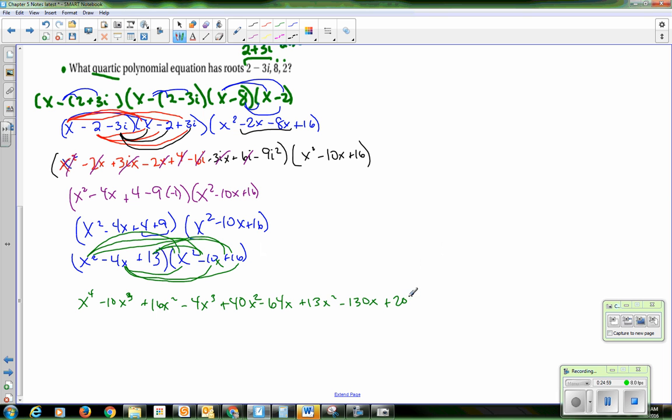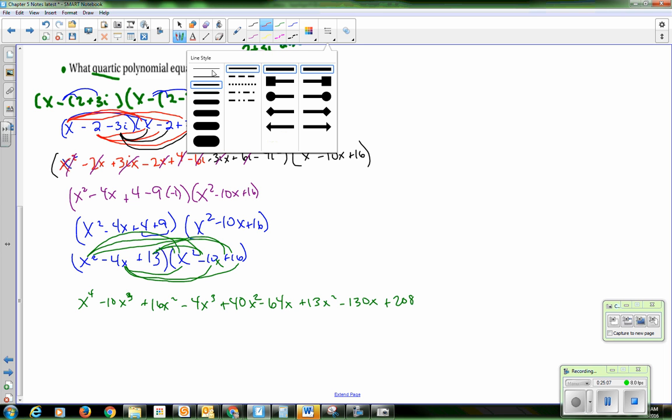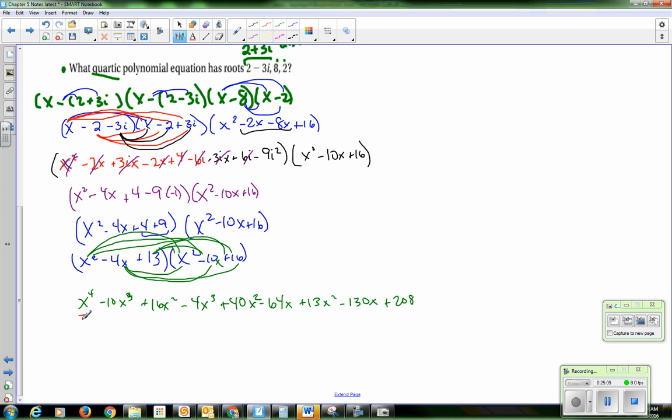Okay, I know it seems like a lot, but let's just simplify, simplify, simplify. X to the fourth doesn't have any other x to the fourth to combine with, so it is done. X cubes: negative 10x cubed minus 4 more x cubes is negative 14x cubed. Once I use them, I'm going to cross them right off my list.